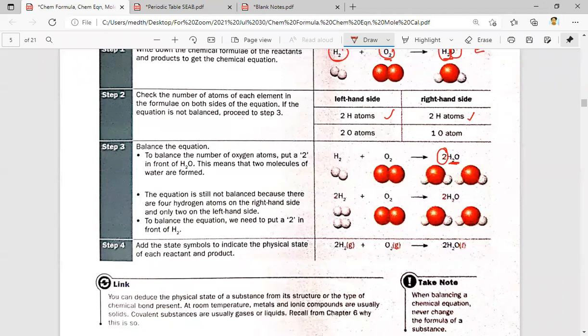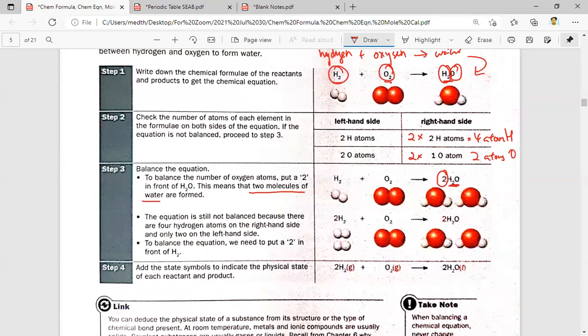When we put a big 2 like this, it means that we have 2 molecules of water. On the right-hand side, you now have 2 times hydrogen atoms, 2 times oxygen atom. So I'll have 4 atoms of hydrogen and 2 atoms of O.